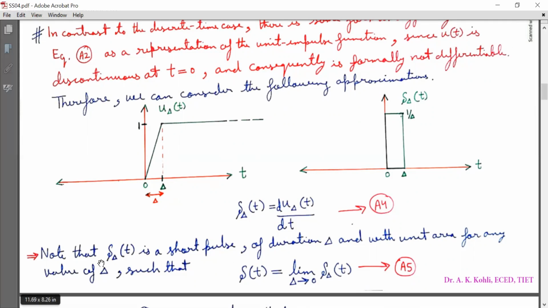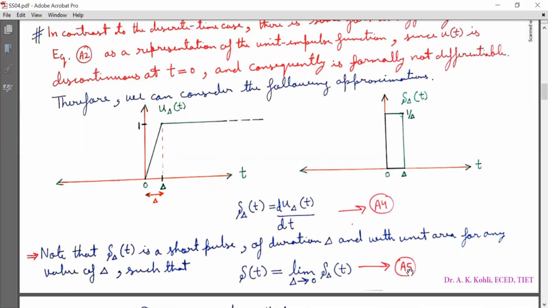Note that delta subscript uppercase delta of t is a short pulse of duration uppercase delta and with unit area for any value of uppercase delta, such that delta(t) is equal to the limit as uppercase delta tends to 0 of delta subscript uppercase delta of t.